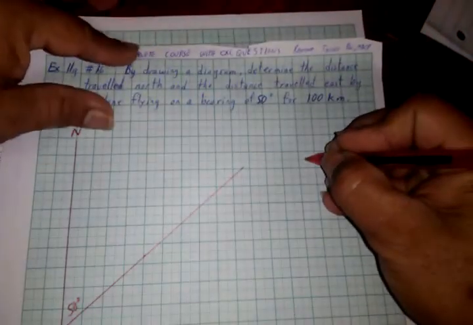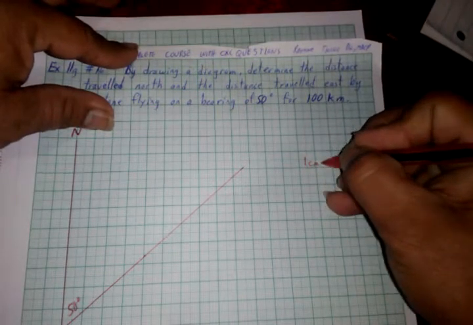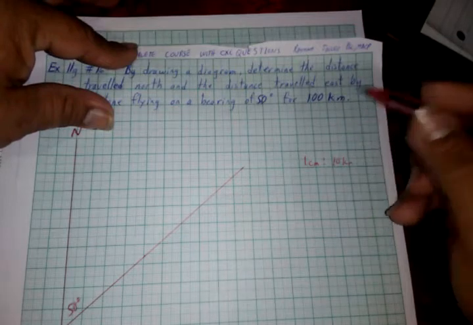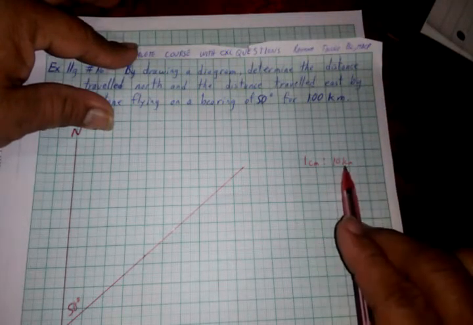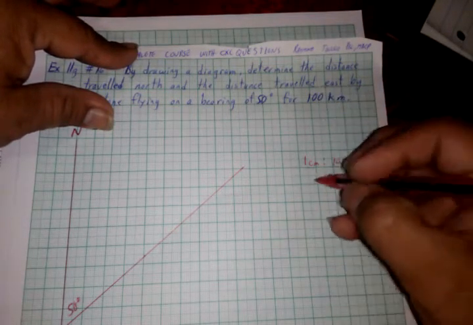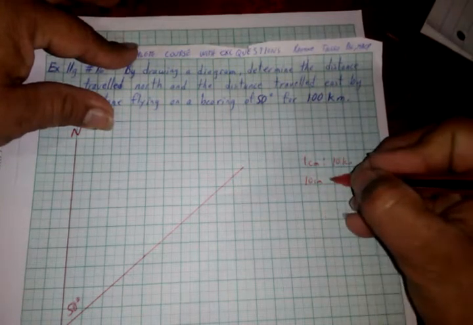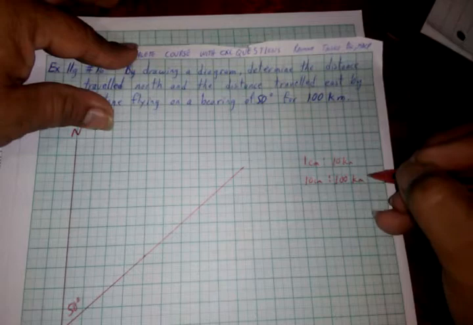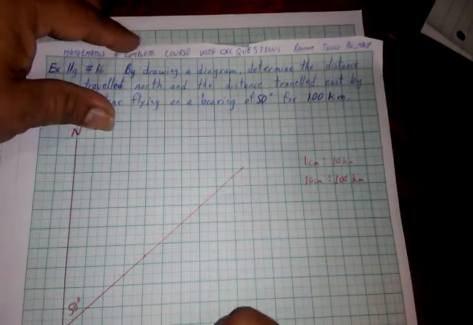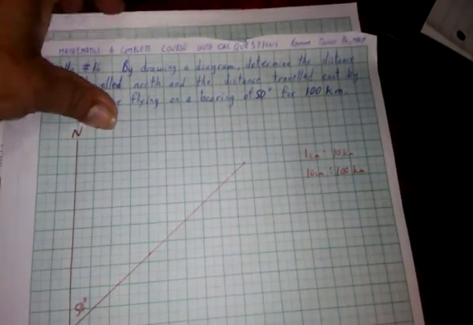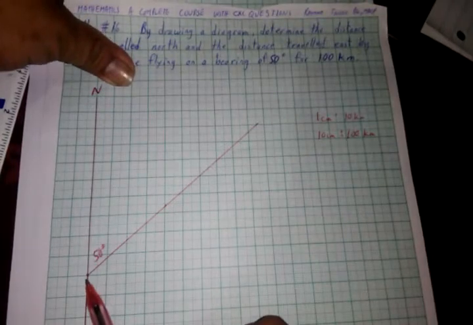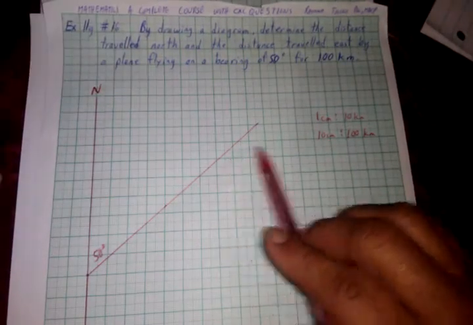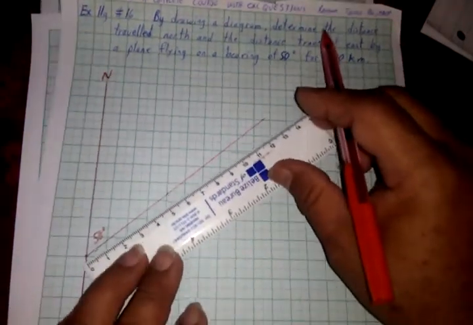So let's put our concepts here. We can say that 1 centimeter will represent 10 kilometers, and if 1 centimeter represents 10 kilometers, then 10 centimeters represents 100 kilometers. So that means that this line from the reference point in this direction, the plane has flown 10 centimeters, which represents the 100 kilometers.